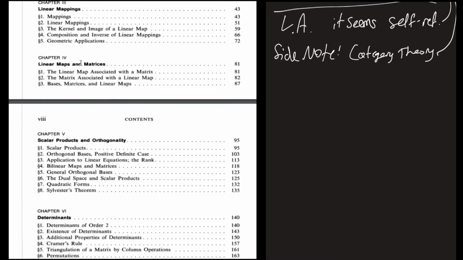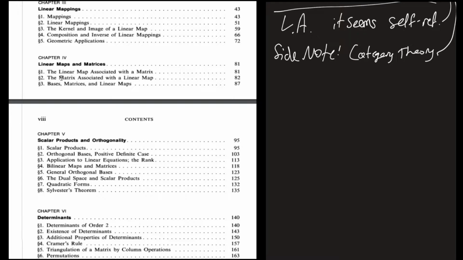Okay, chapter 4, linear maps and matrices. The linear map associated with a matrix. Okay, that I remember for sure. So every matrix is actually a linear map. Very good.